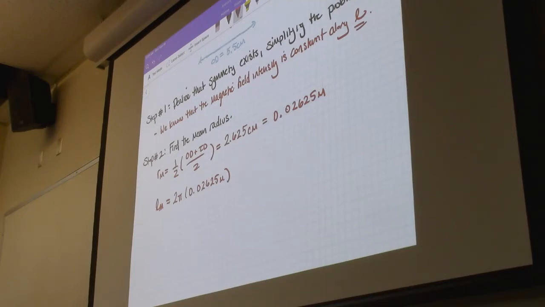I have 0.165 divided by... Yeah, it's the same. So calculate the mean radius as well as the path length.